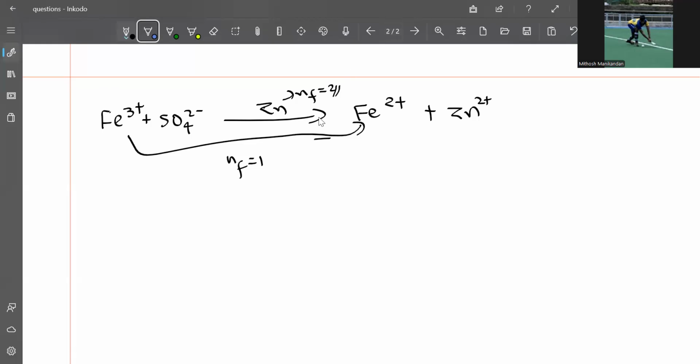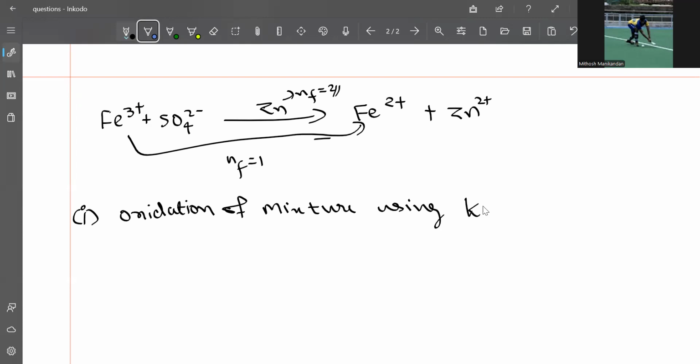Okay. Now, let's see. The first case: oxidation of the mixture using KMnO4, correct?